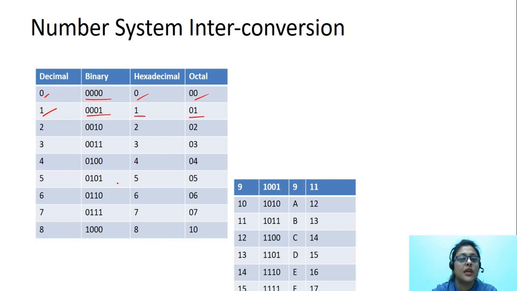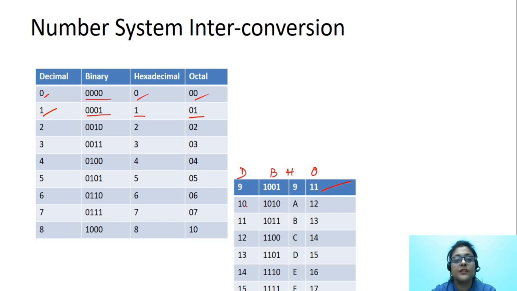In this fashion, we can go up to 9. Here you see 9 is represented by 1001 in binary format. And the same 9 is represented in hexadecimal format as 9, and in octal format it is 11.